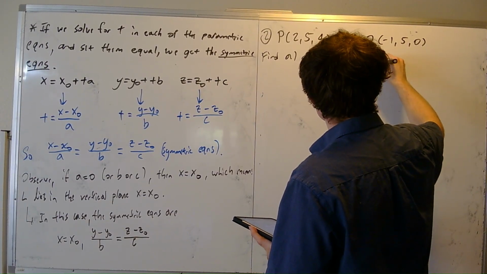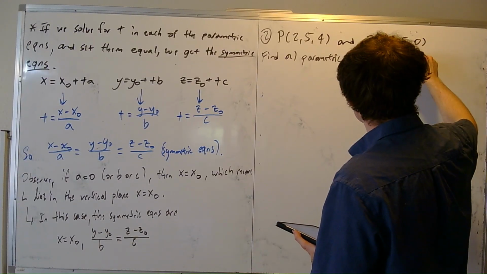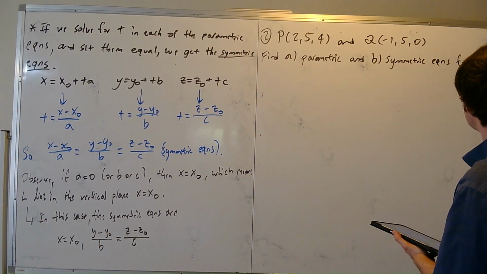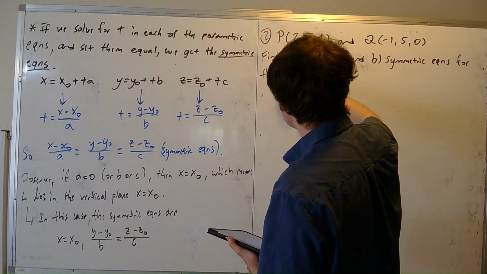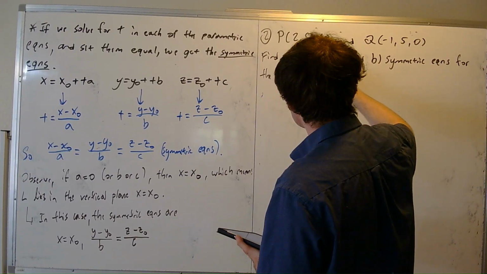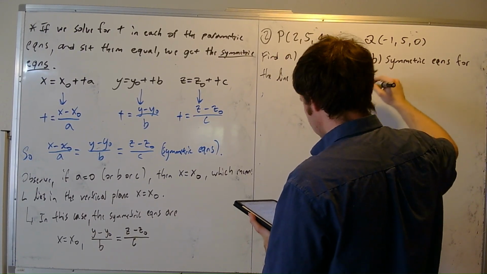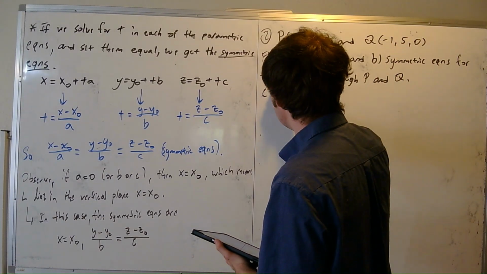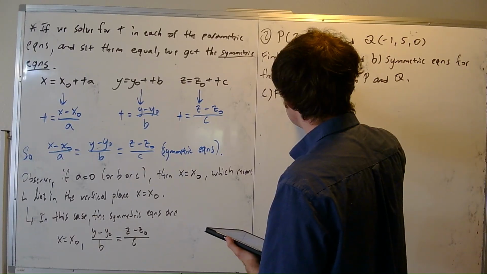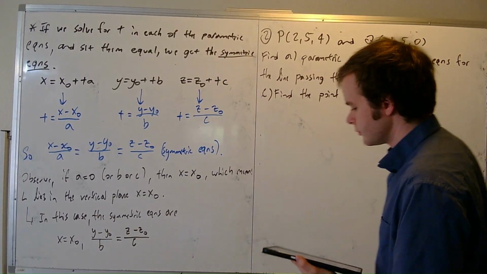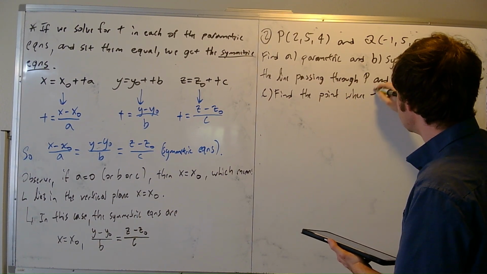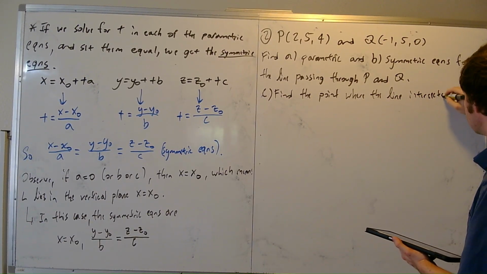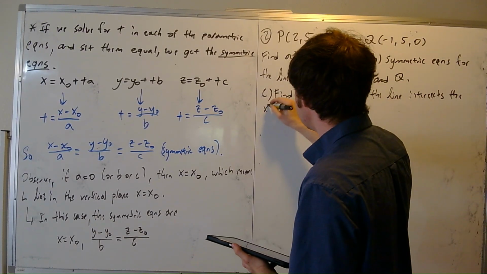And part B is going to be symmetric equations for the line passing through P and Q. And part C says find the point where the line intersects the XY plane.